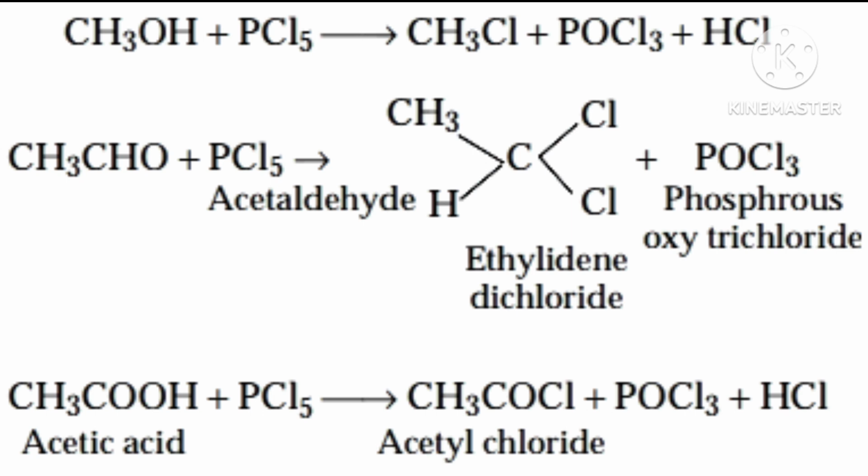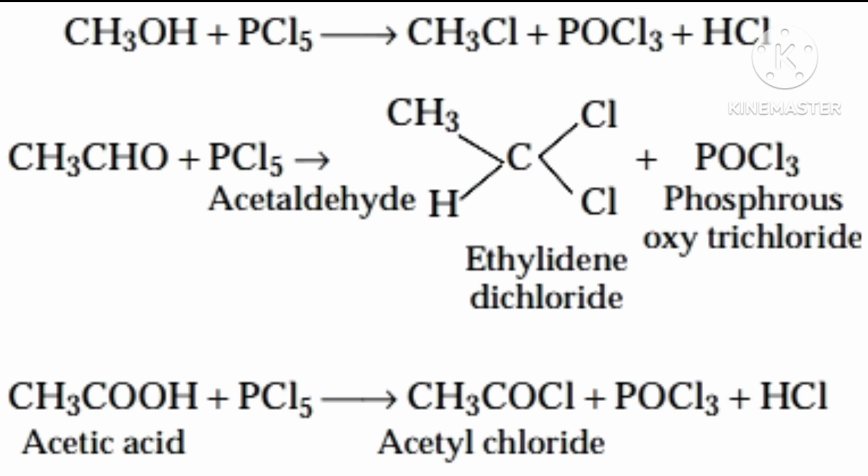That's why this is actually a salt, called an ionic salt. In the solid state, it exists as an ionic solid: PCl4 plus is the cation, and PCl6 minus is the anion. The cation PCl4 plus is tetrahedral, and the anion PCl6 minus is octahedral.